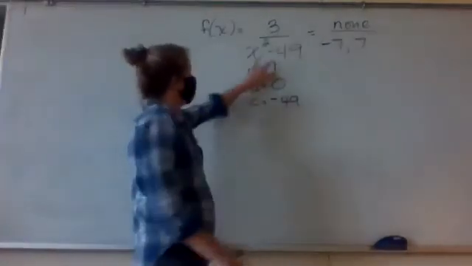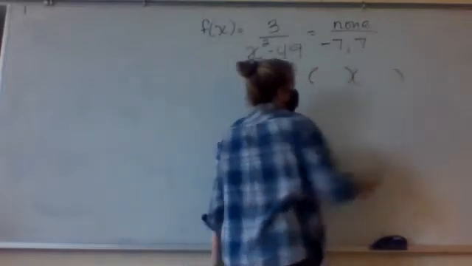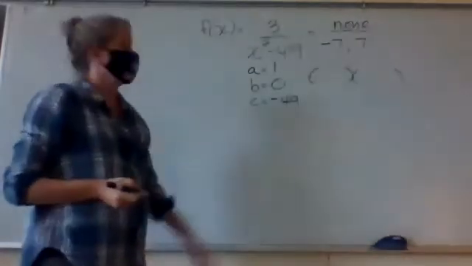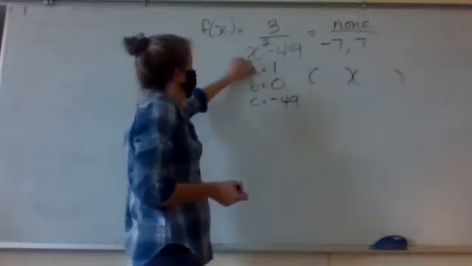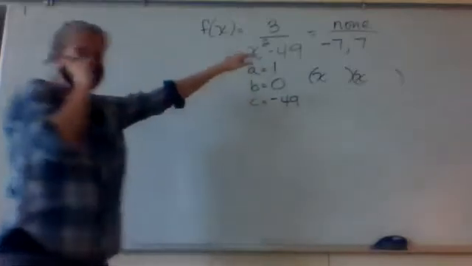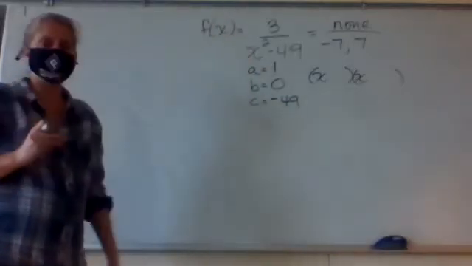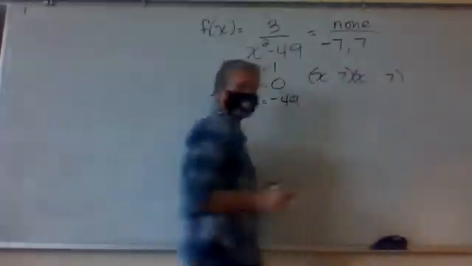If you don't have the quad program, you would have to factor this. It's a difference of perfect squares method of factoring. So to get x squared, you would need x and x. Factors that are the same that multiply to 49 would be 7 and 7.